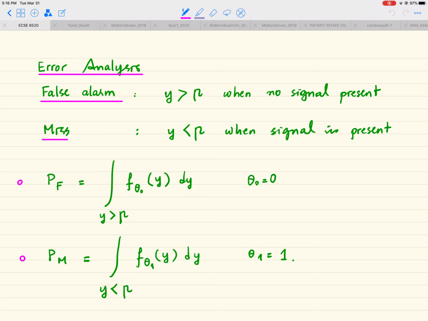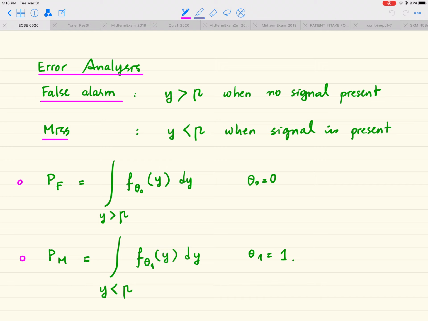If y is larger than nu when there is no signal, then we would be making a false alarm. If, on the other hand, there is signal, but the output of our filter y is less than nu, then that will be a misdetection, right?